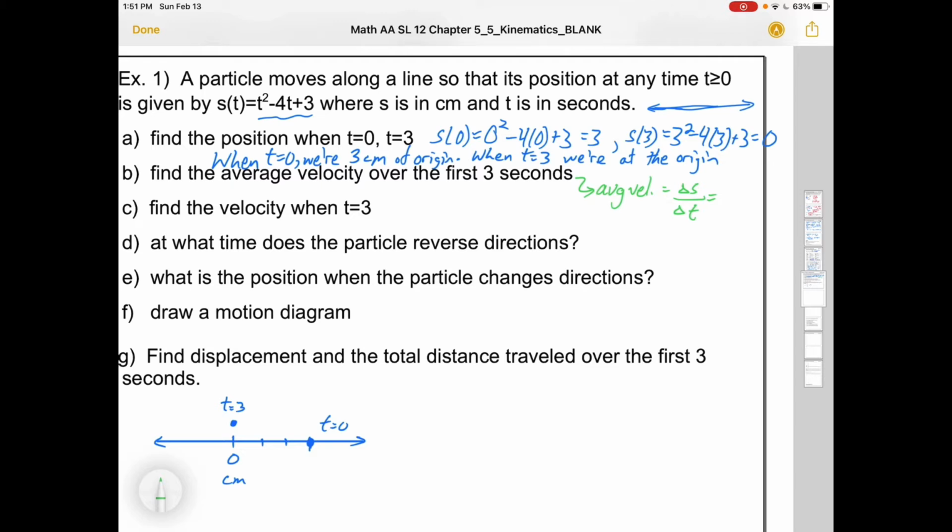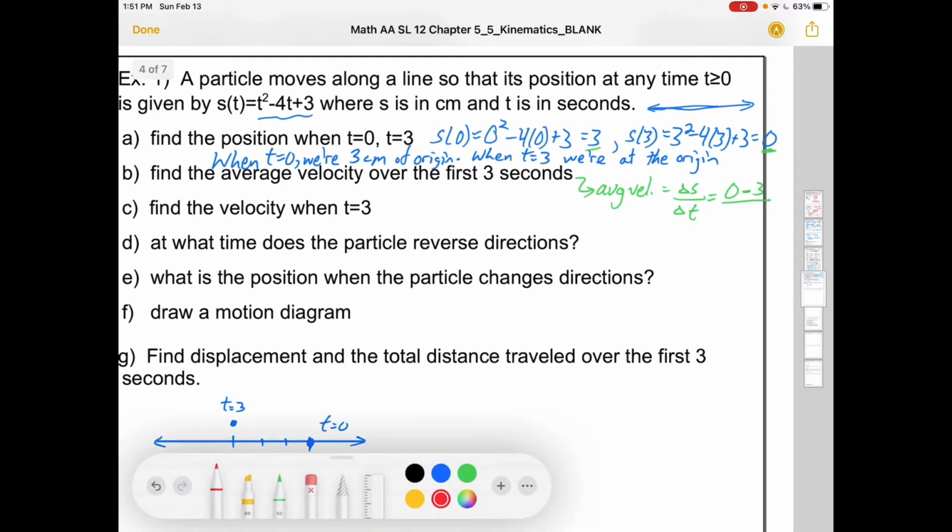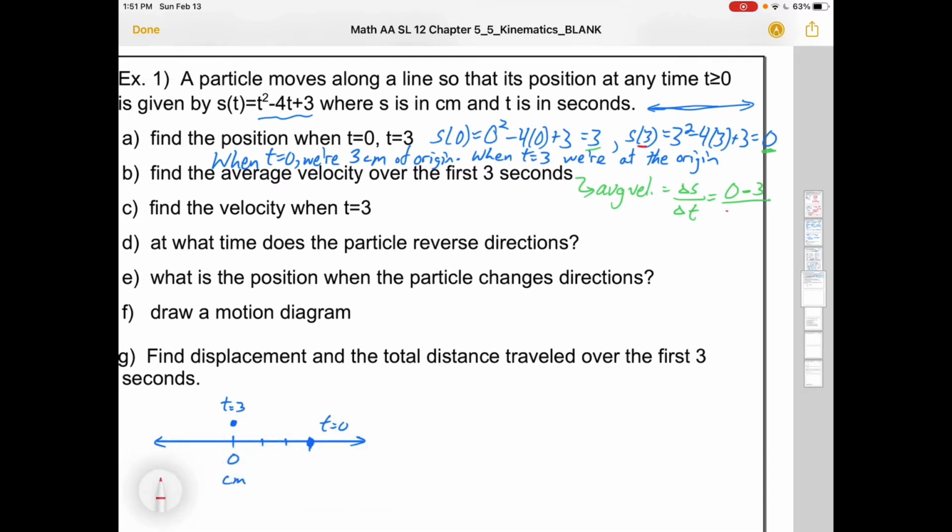And it's always final minus initial. So the final position is 0. The initial position is 3. The final time that we're talking about would be 3. And the initial time is 0.